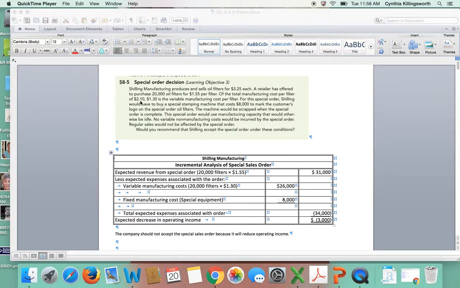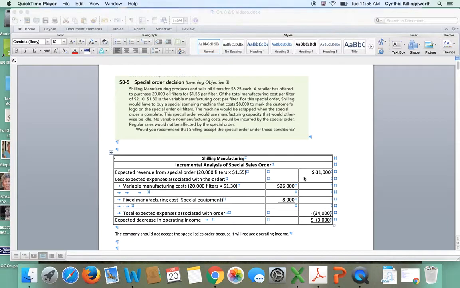But what we're going to see is that there's some costs that aren't relevant that we shouldn't include in there. So they tell us that only $1.30 is the variable cost of manufacturing that kind of filter. In addition, they will have to purchase some special equipment for $8,000 for that product, for that order.